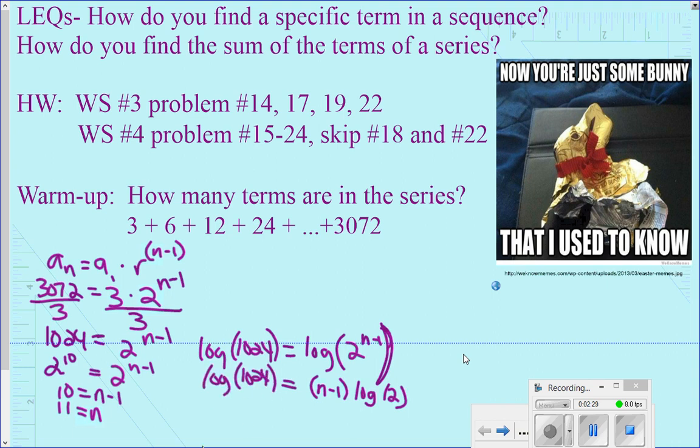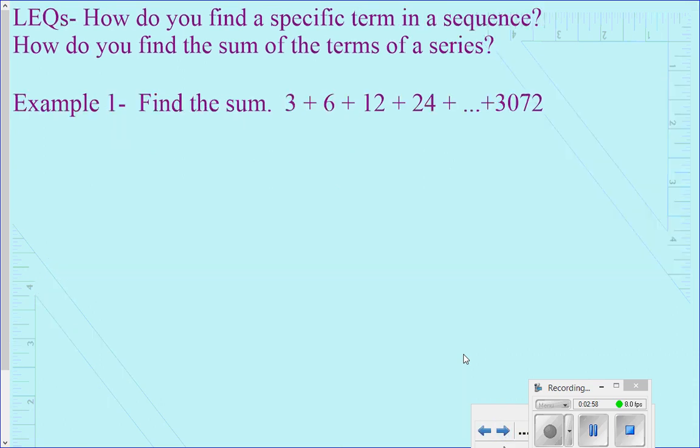And then we would divide both sides by the log of 2 and add 1. So n is going to be equal to the log of 1024 divided by the log of 2, plus 1, and that is 11. Okay, so there are 11 terms in this series.